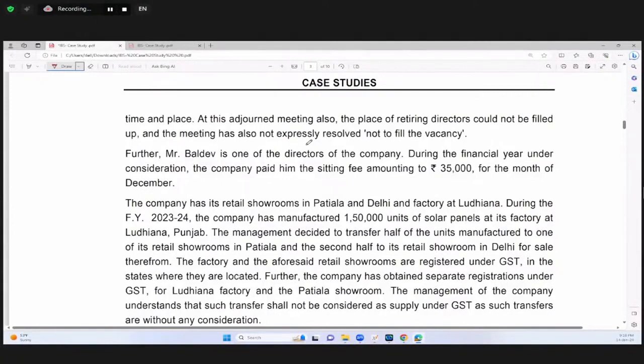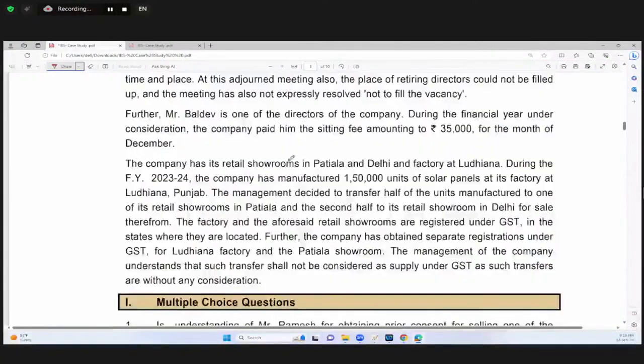Company has its retail showrooms in Patiala and Delhi and factory at Ludhiana, Punjab. During the financial year 23-24, the company has manufactured 1,50,000 units of solar panels at its factory at Ludhiana, Punjab.